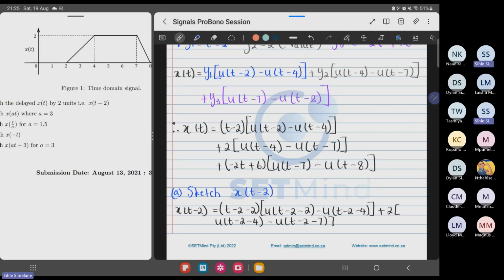We close the bracket there, and then let's push the last part, which is going to be plus minus 2 into, where we see t, we put t minus 2. So we have t minus 2 plus 6 into u of t minus 2. Yes. Do we have a question?